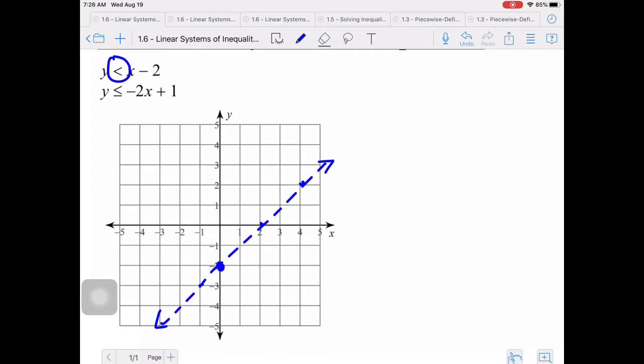The second thing that is going to change is we're going to have a shaded region. All right? So I see that y is less than, which means that I'm going to shade the bottom part of that line, which is going to be this one.